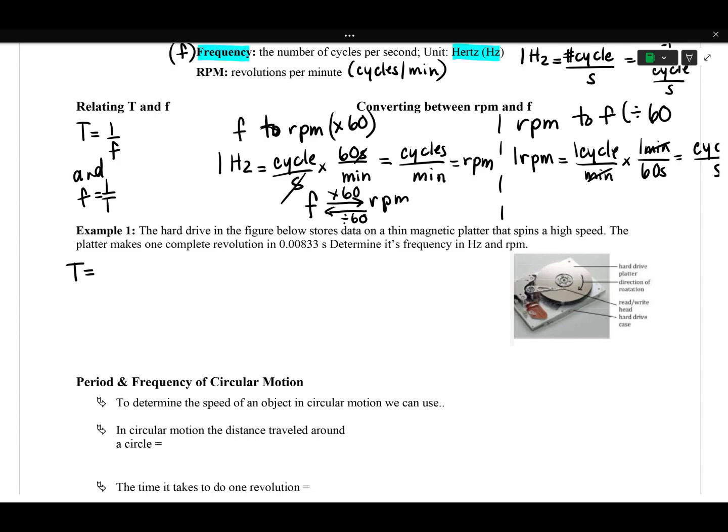If you said period, you are correct. 0.00833 seconds per cycle. Okay, they want us to solve for frequency, and they want it in hertz and in RPMs.